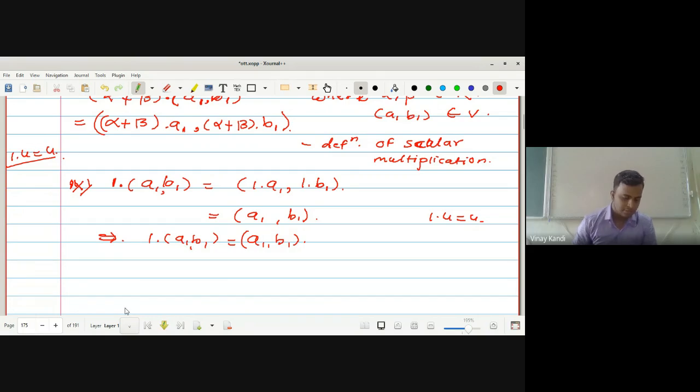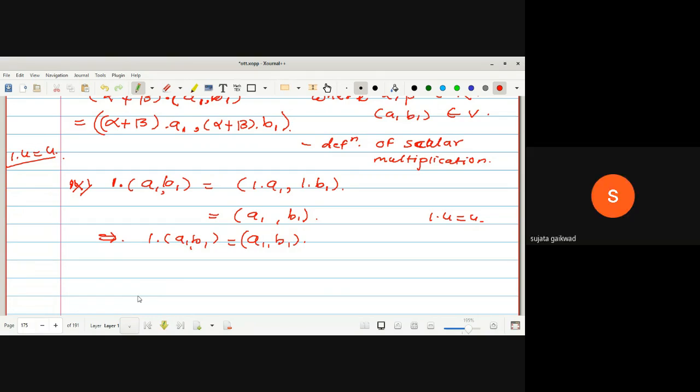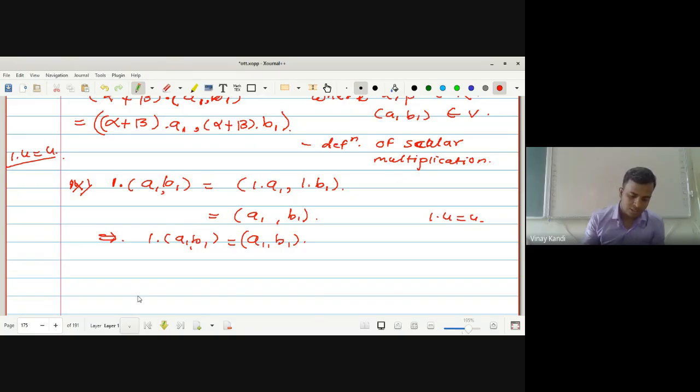Any doubt up to here? Good. One more property is there: ab into u is equal to a into bu.